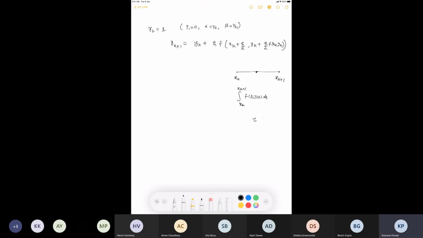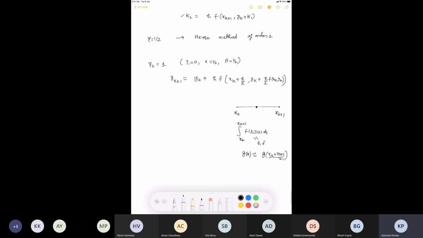If I write it for any function g, suppose you approximate g by the evaluation of g at x_k plus h by 2, that is the midpoint, right? You will get the approximation of this term as the length of the interval h times the evaluation at the midpoint, which is what this method is. If you try to observe, this is the same method you get.